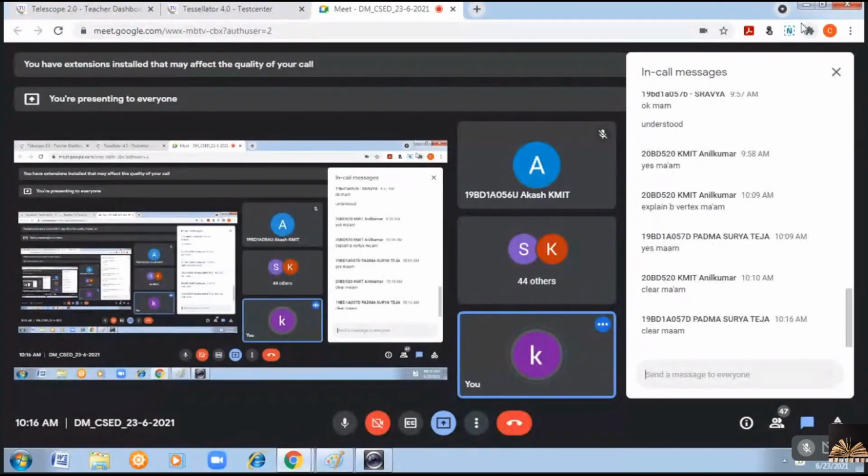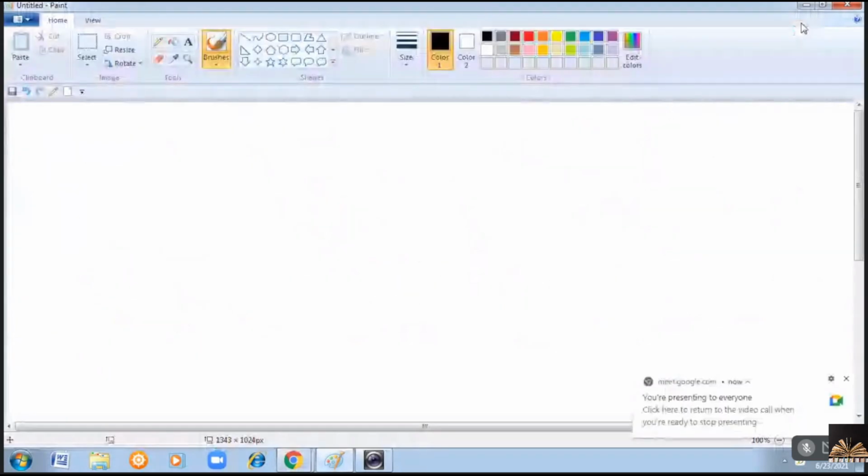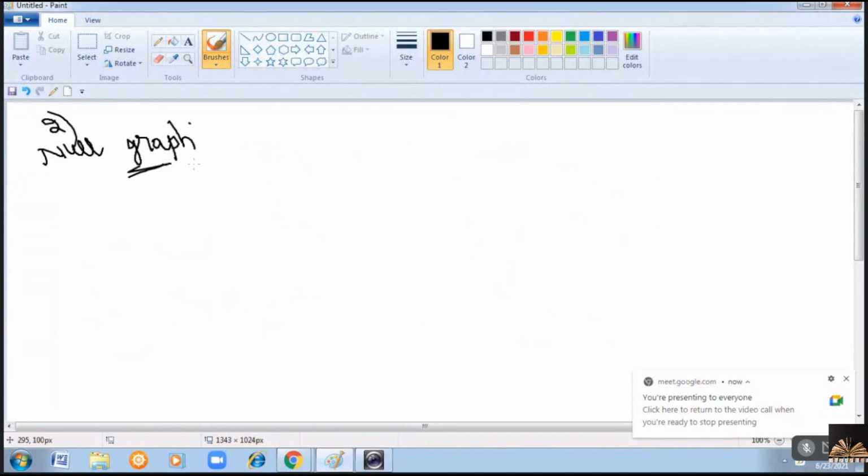Okay. Next type of graph is the null graph. First is complete graph, second is null graph. Null graph means a graph with isolated vertices. Isolated means what? A vertex which does not have any edges incident with it.